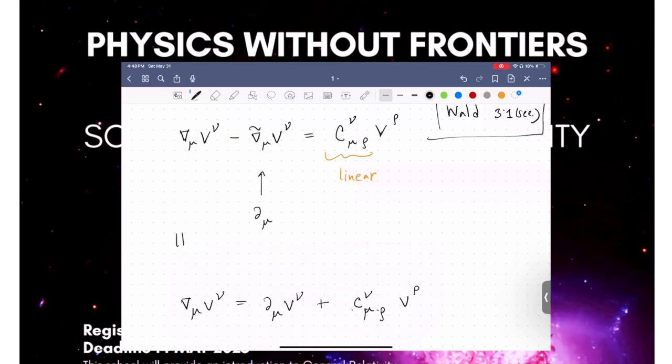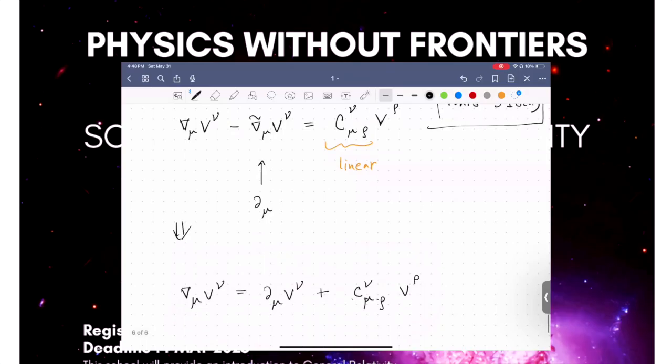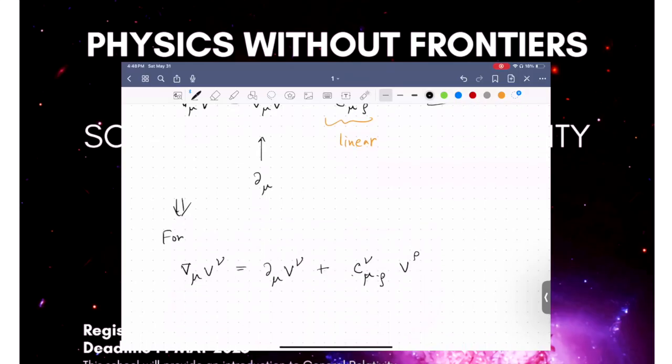So this implies, for any covariant derivative, we have a formula like this. Okay.